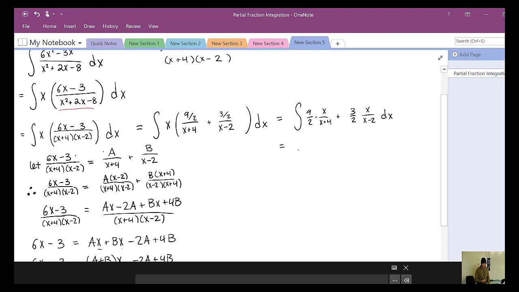And the nice thing about integrals, I can always break them into separate ones if I have an addition sign.